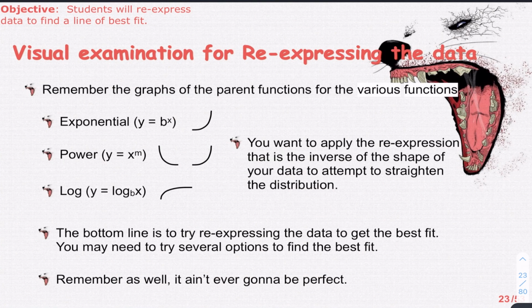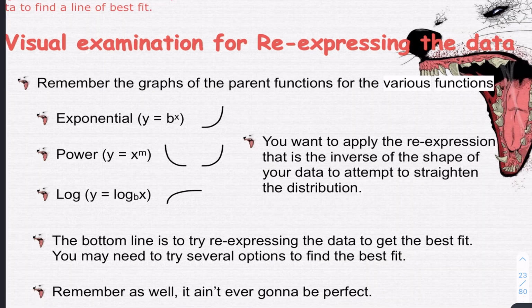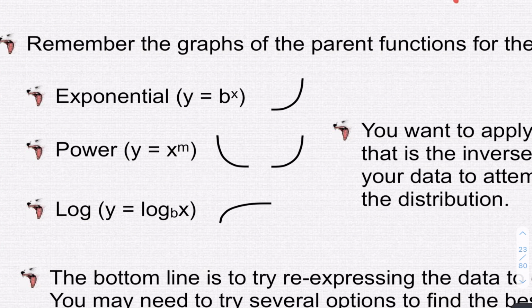For a visual examination for re-expressing the data, remember, our exponential function opens up. With our power function, we could be one half or the other half of, let's say, an x squared function, and a log is like this.